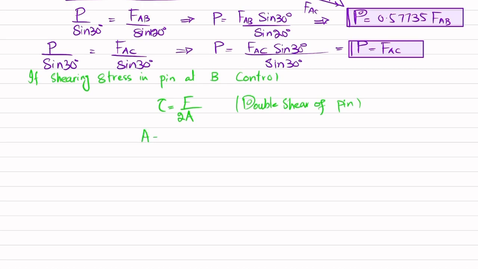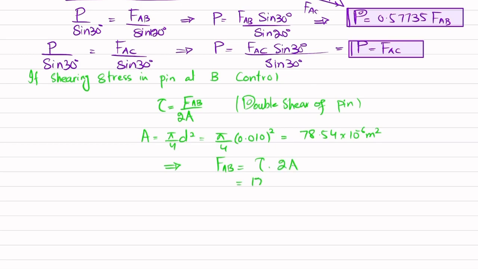So the area of the pin is equal to pi by 4 d squared. The diameter is given as 10 millimeter, which is 0.010 meter. From here you will get 78.54 into 10 raised to power minus 6 square meter. This is the area. We are interested in finding F, which will be FAB because in the pin the force FAB is acting. So FAB will be equal to shearing stress multiplied by 2 times area.